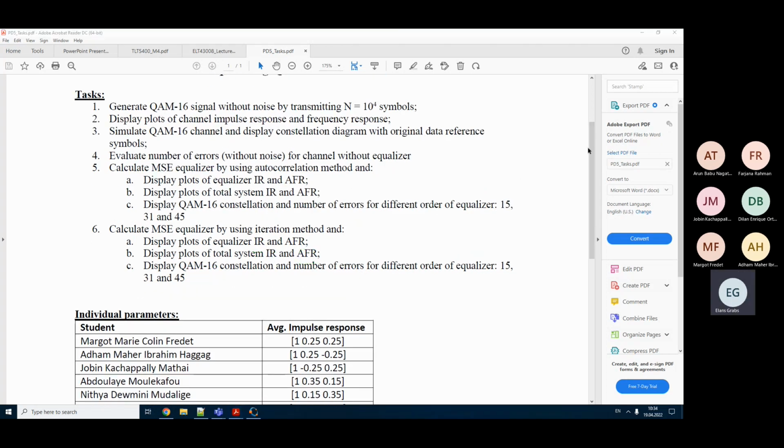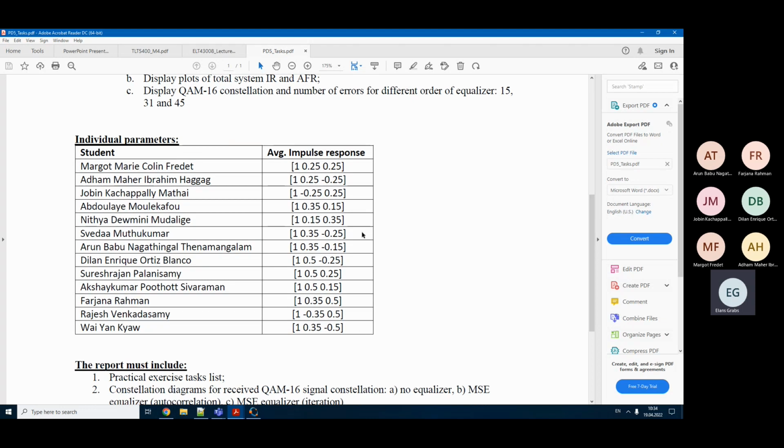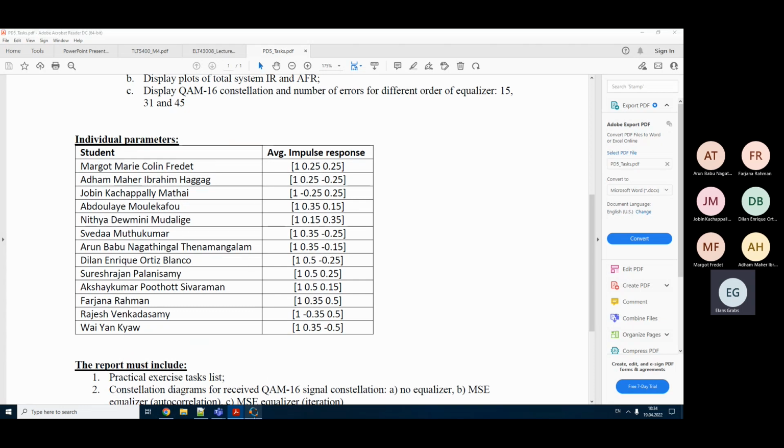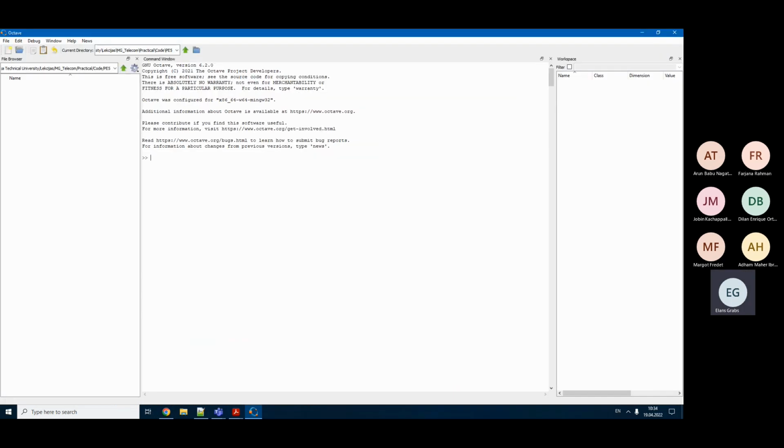Each of you has the same impulse response as previously, as in previous practical exercises. I will use some more complicated impulse response, so we might as well start working.